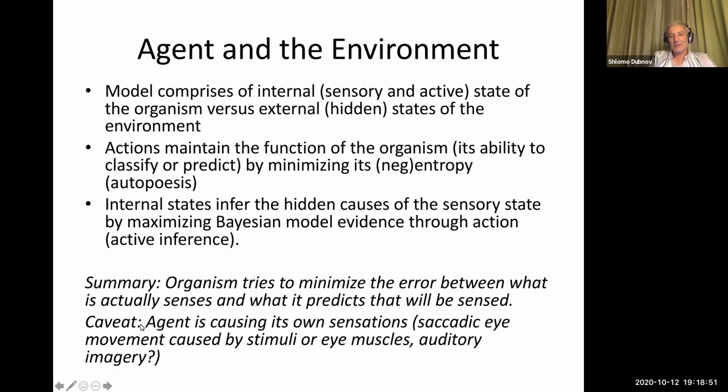And then, of course, this is something I mentioned before. Is the agent causing its own sensations? Are saccadic eye movements caused by stimuli of eye muscles? And is there something like auditory imagery that you imagine actively because that's what you want to hear?